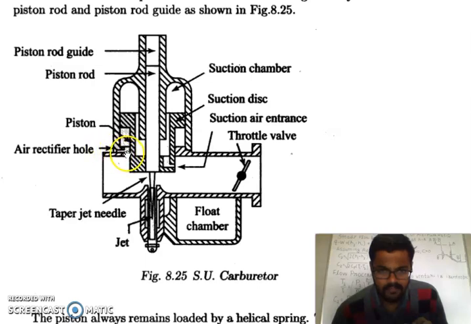So air will come from this side and push the piston in the upward direction. So if suction is created, the piston will move upward. When your piston moves upward, the area of this venturi will change. So it is a variable venturi type carburetor.